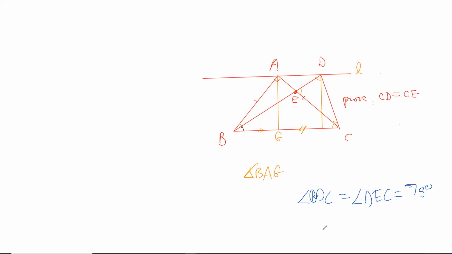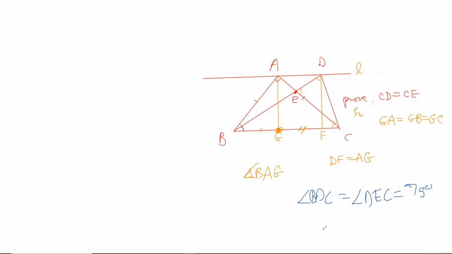Now call this point F. So DF equals AG, because both are altitudes. But remember that this is the midpoint of the hypotenuse of the right triangle. So GA equals GB equals GC, yes?